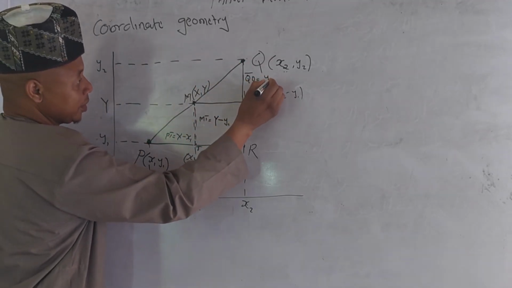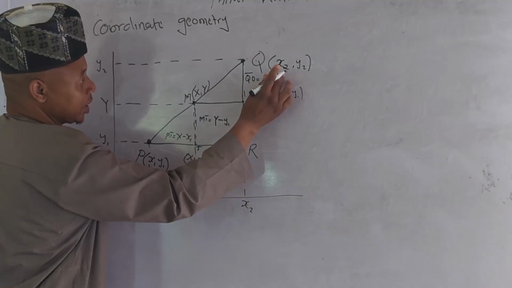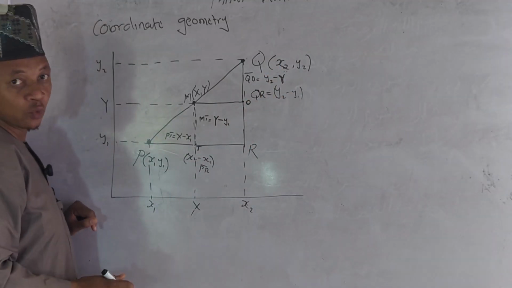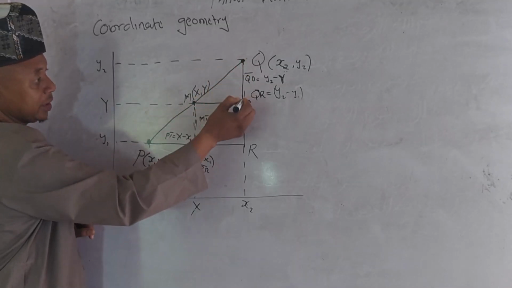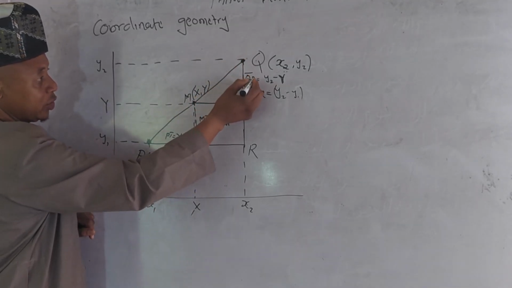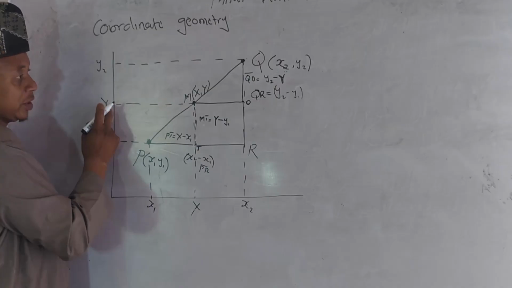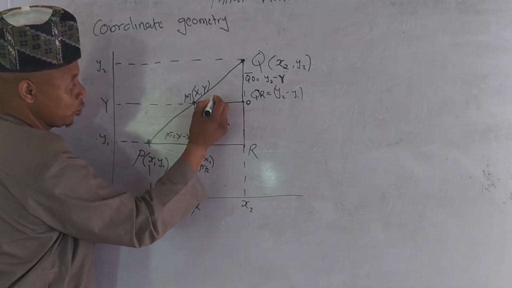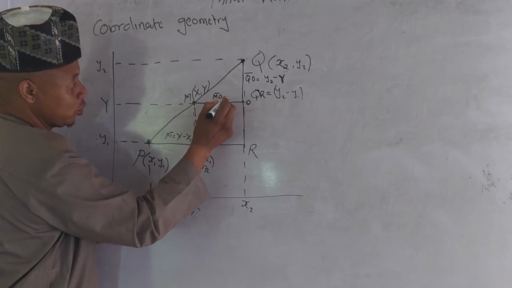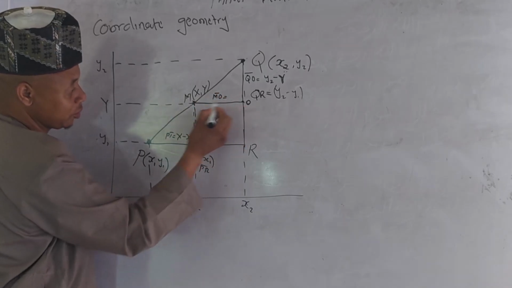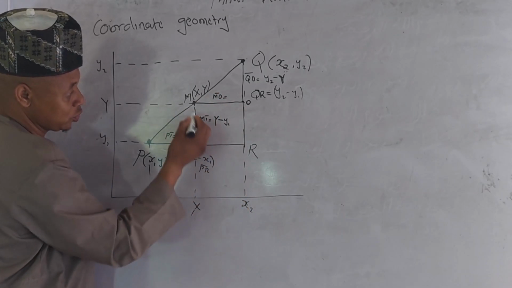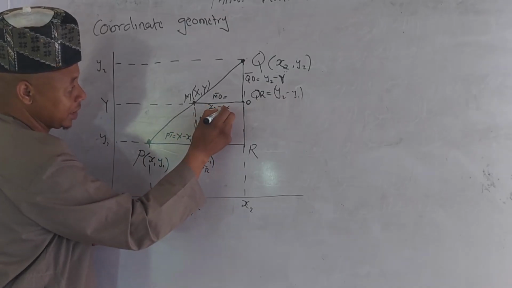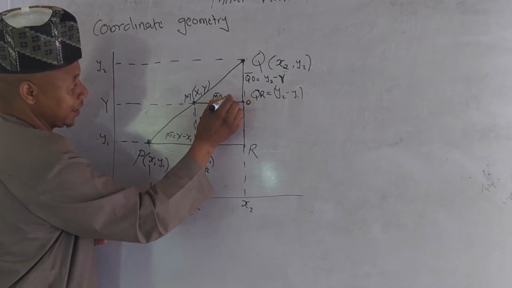So y2 is higher, y2 minus big Y. That will give us the difference between these 2 points. That is line QO is y2 minus Y. And line MO will be equal to the difference between this point and this point, which is x2 minus capital X. So this is x2 minus big X. That will give us line MO.